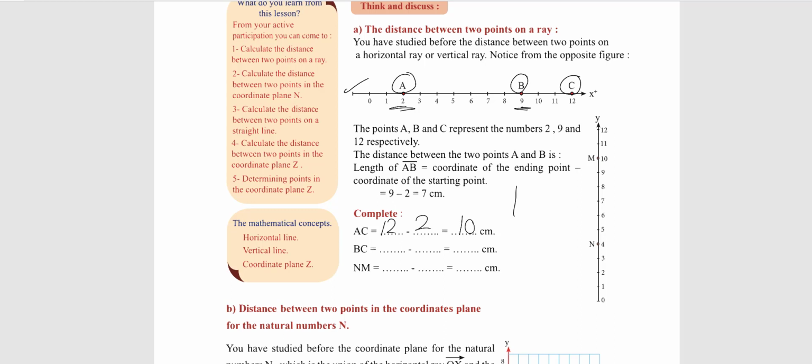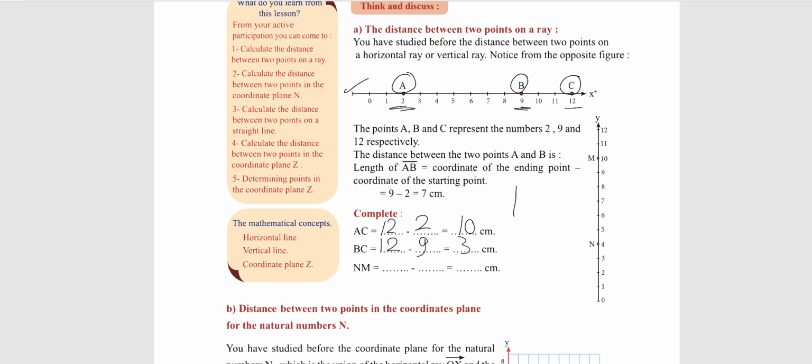10 centimeters. The distance between the 2 points B and C equals the ending point of C, 12, minus the starting point of B, which is 9.